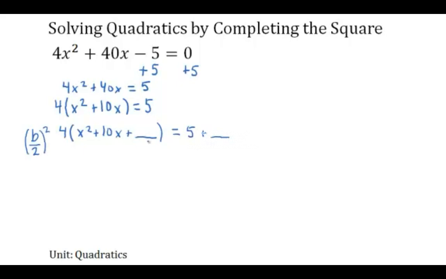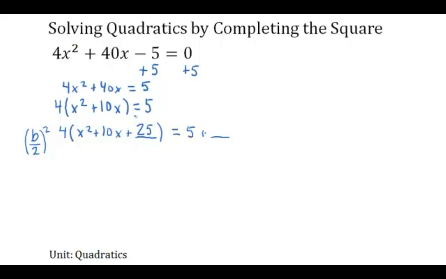That will guarantee that this trinomial is a perfect square. So b is 10, divided by 2 is 5. 5 squared is 25. Now this is one of the most difficult steps to remember, and it's often forgotten as a result.